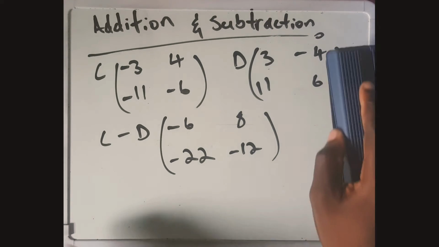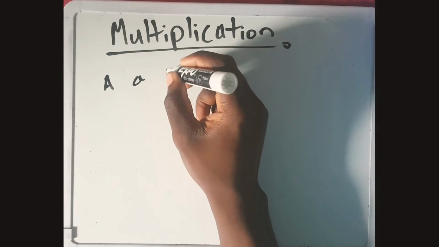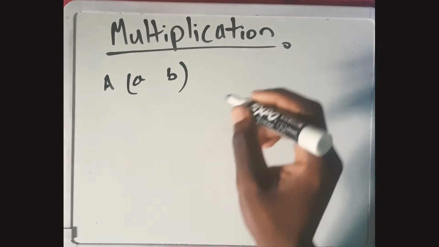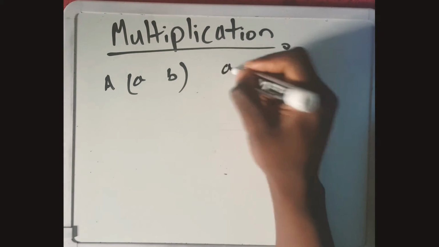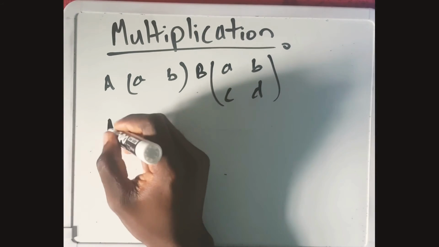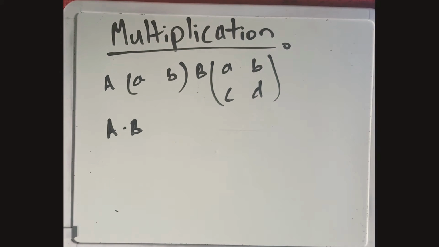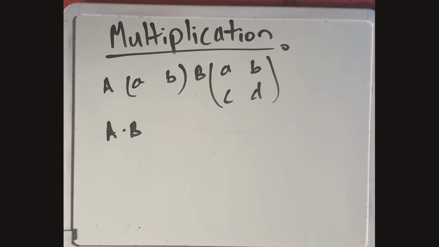So let's get to some multiplication. If I have a matrix A with elements a and b, and my next matrix B has elements a, b, c, and d, and I'm supposed to multiply A times B. When multiplying, you can test if it is compatible to multiply by writing out the orders of both matrices.